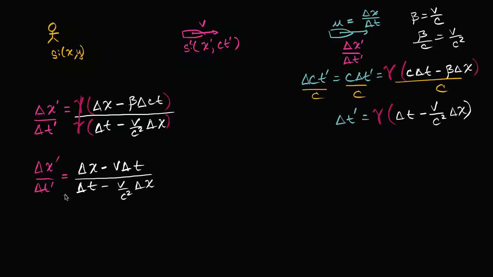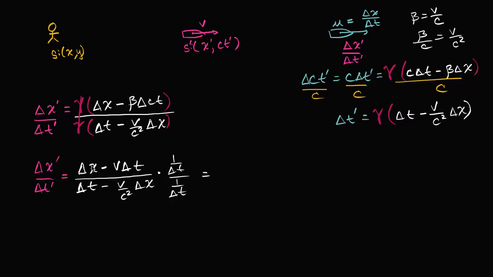So it looks like we're getting close here, but we don't have the change in x over change in t. We have how much of a change in x we have for a given change in t. So what we could do is divide the numerator and the denominator by delta t. We could multiply the numerator by 1 over delta t and the denominator by 1 over delta t, which is equivalent to dividing each by delta t. And why am I doing that?